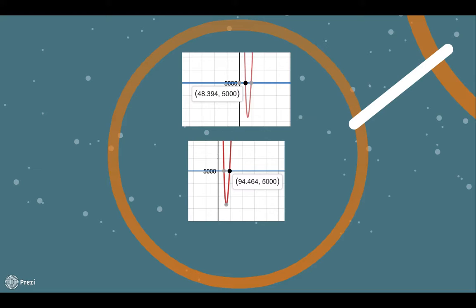The first place was x equals 48.394 and y equaled 5,000, and the second place was x equals 94.464 and y equals 5,000. We were able to use these 2 points to determine the minimum lengths required to make the enclosure cost $5,000.